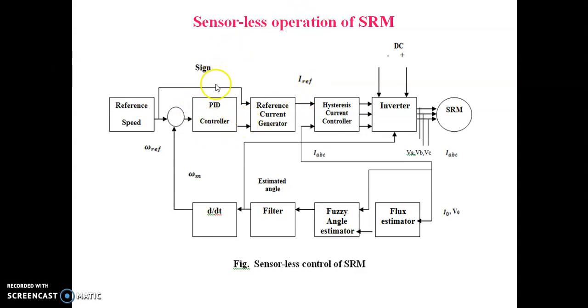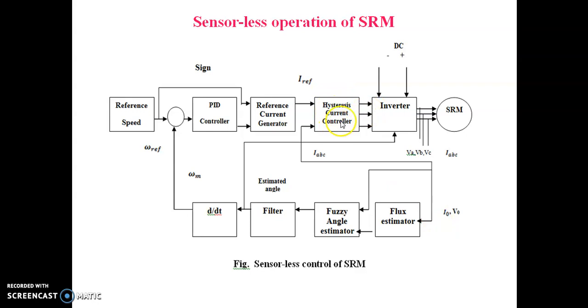This signal is given to the reference current generator, along with the sign of the difference between the reference and the actual speed, and based on this it produces the reference current for the hysteresis current controller.